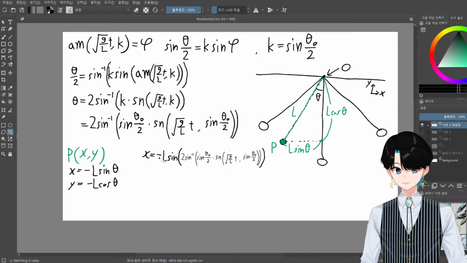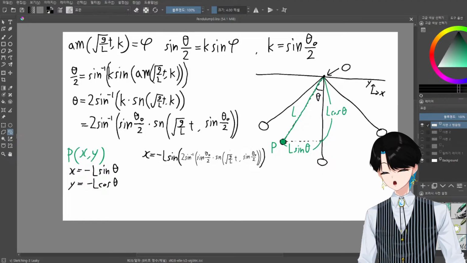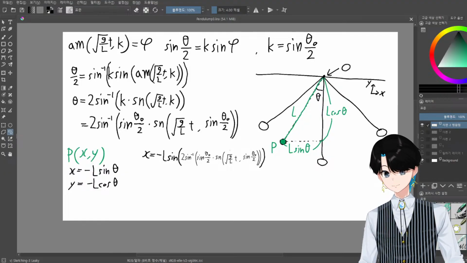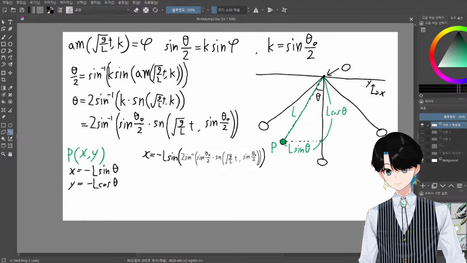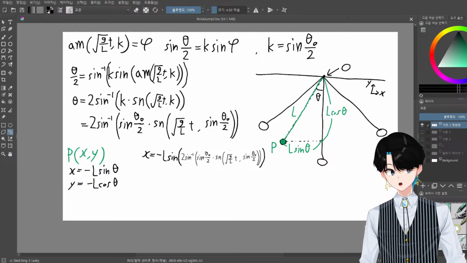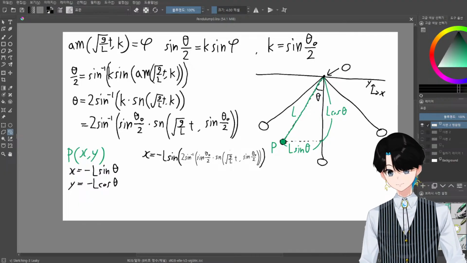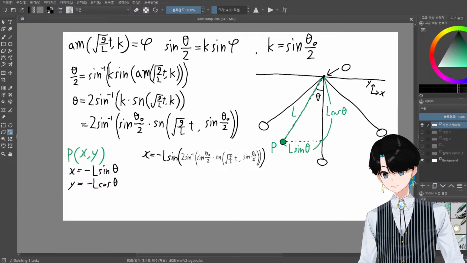Okay. Now hold on, let me double check if I actually did things correctly. You might not be able to see what I'm doing here, but it's not gonna take long. Do inverse line. What the hell?